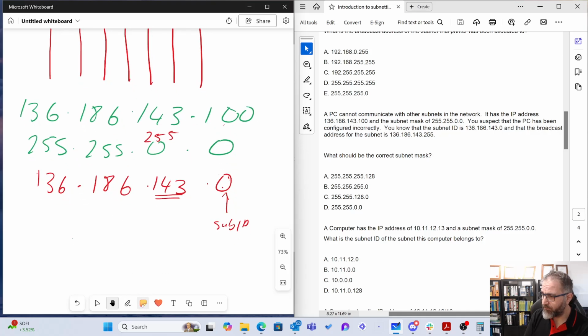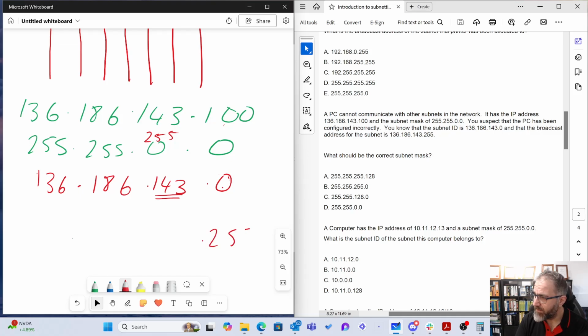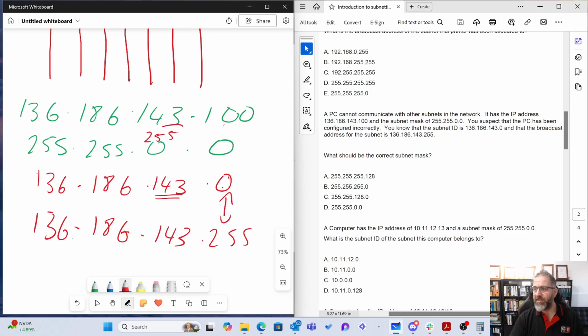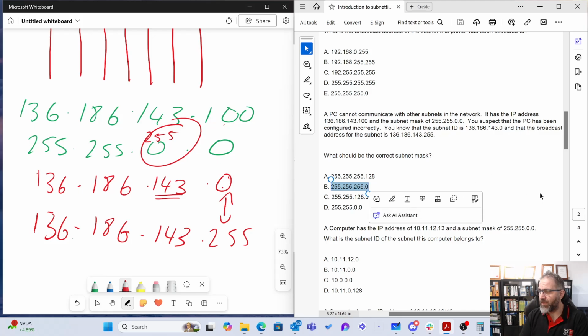So we've got the subnet ID here, and to actually prove this beyond all possible doubt, that's the broadcast address, 136, so that's 0 to 1 to 255. Yeah, that's definitely it. That's the problem, which means that we need to correctly identify that as B there.